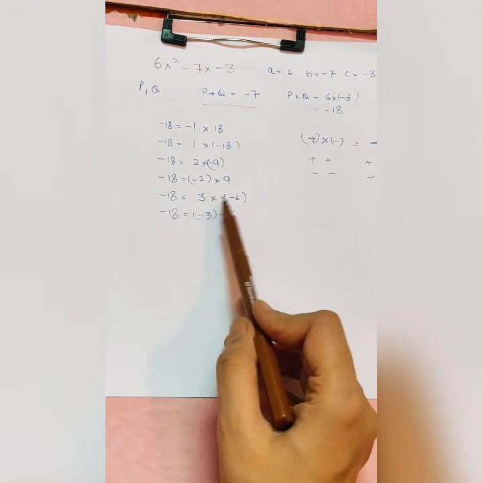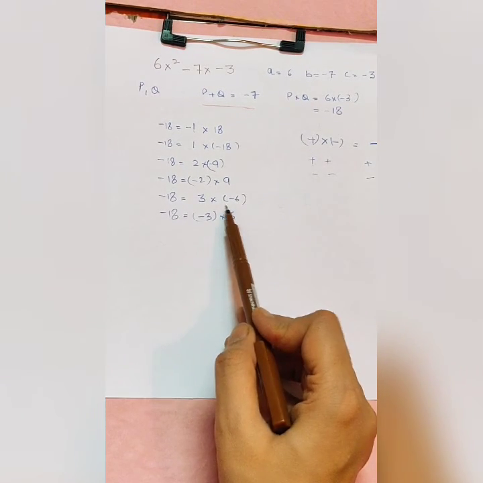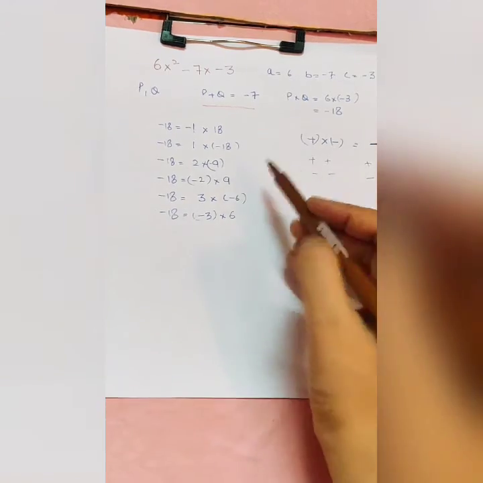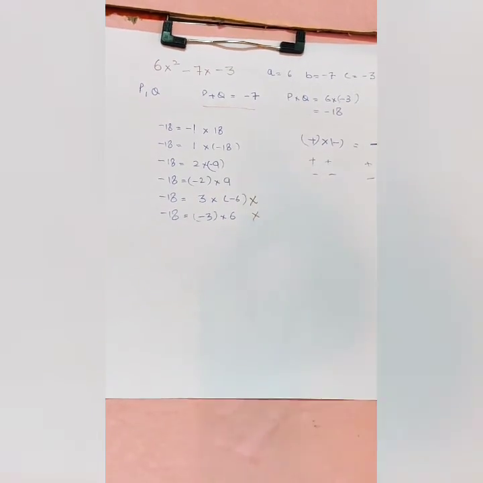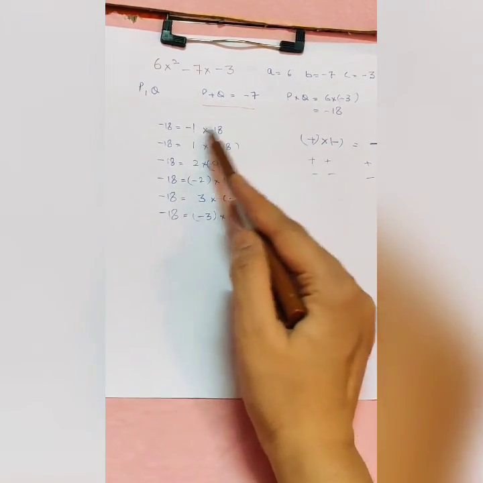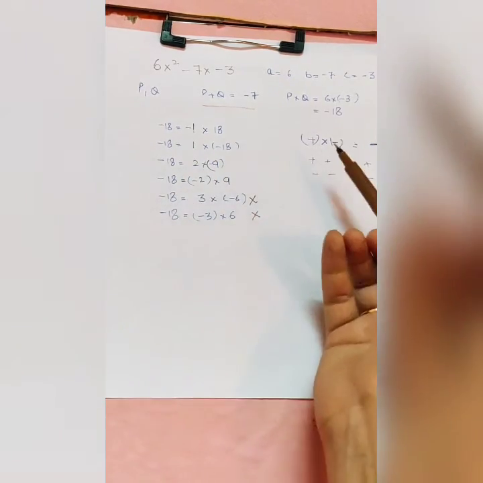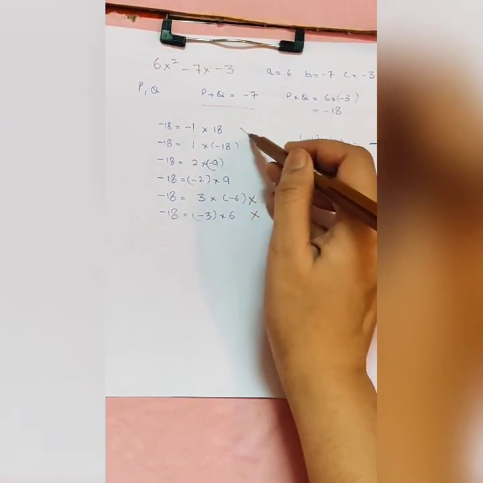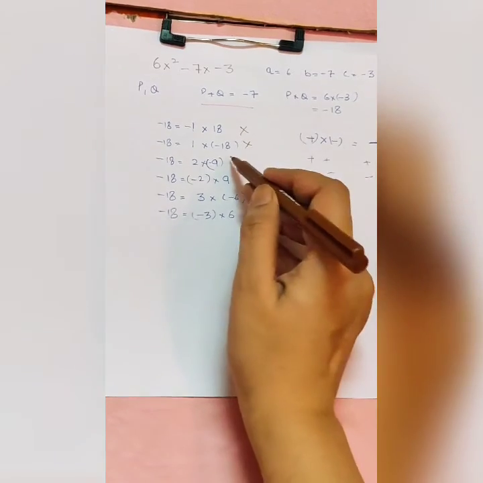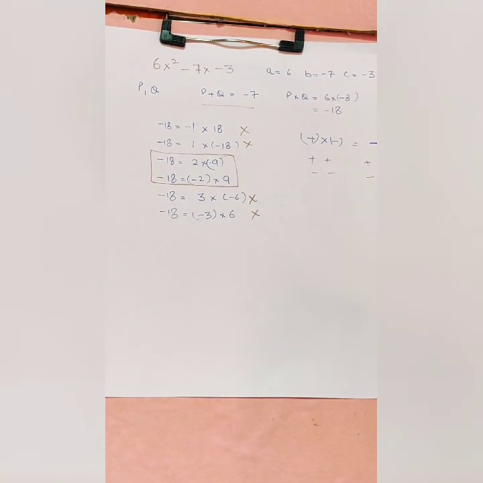Adding 3 and minus 6, we get minus 3, so not an option. 18 and minus 1 or minus 18 and 1, we get 17 or minus 17. This is also not an option. So our P and Q values are from these two: 2 and minus 9, or minus 2 and 9.